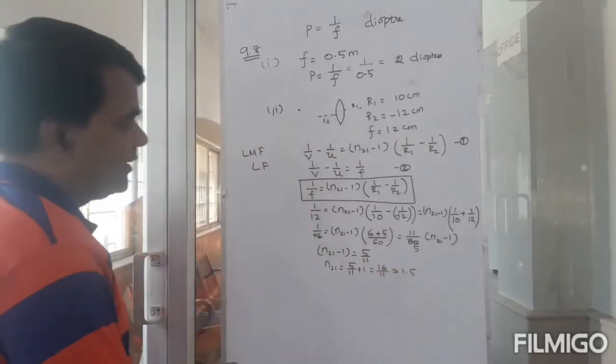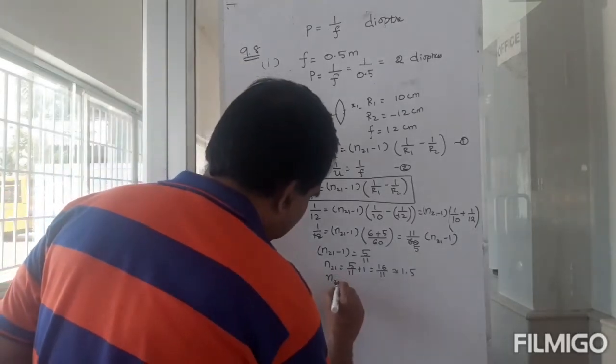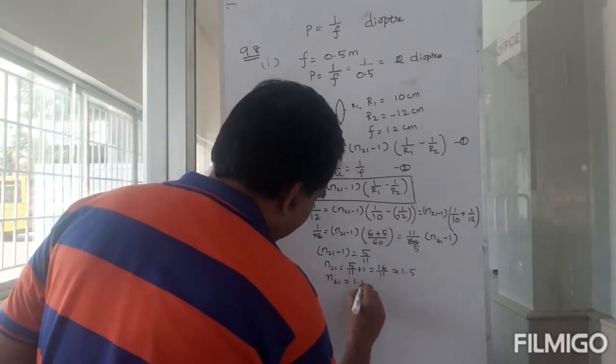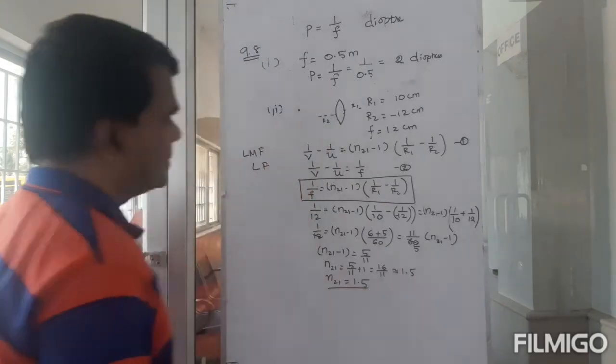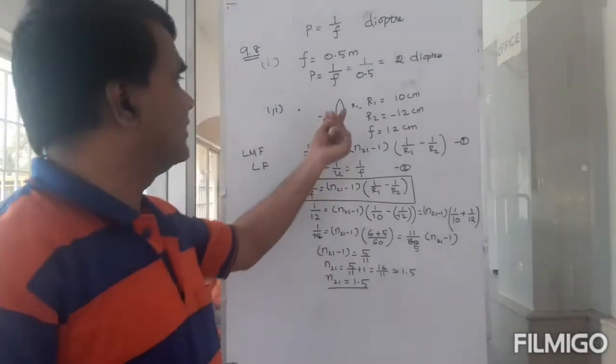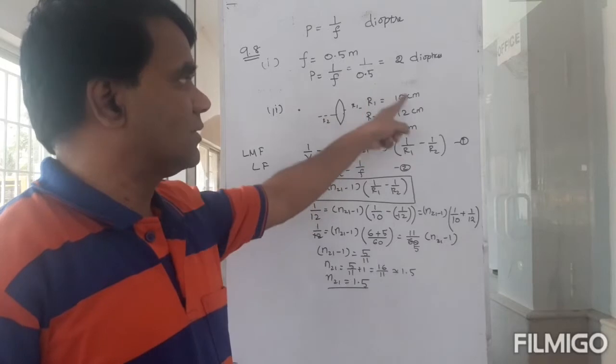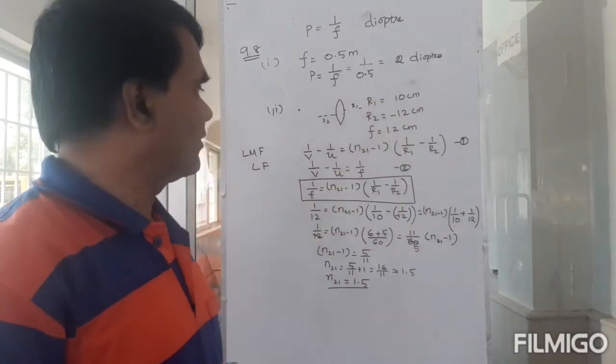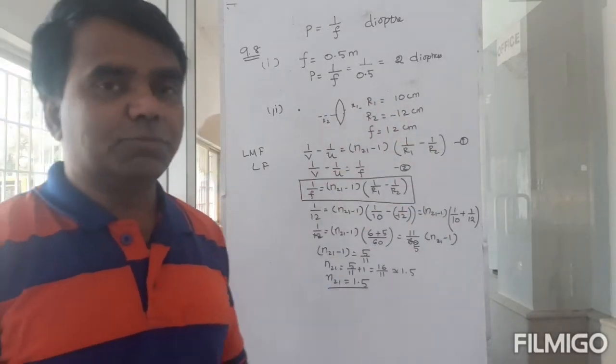Okay, so the refractive index N21 is equal to 1.5. So I can find the refractive index of glass using this information. Very easy to do.